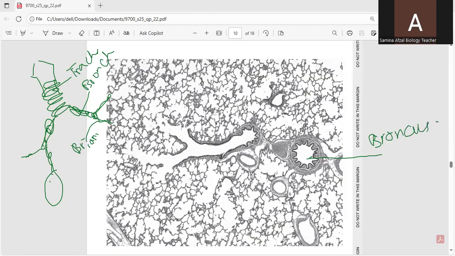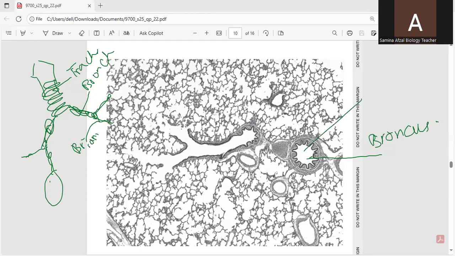How can we say this is the bronchus? It is the largest, most complex circular structure, and we can identify it by its thick, rigid-looking wall and a large open lumen.